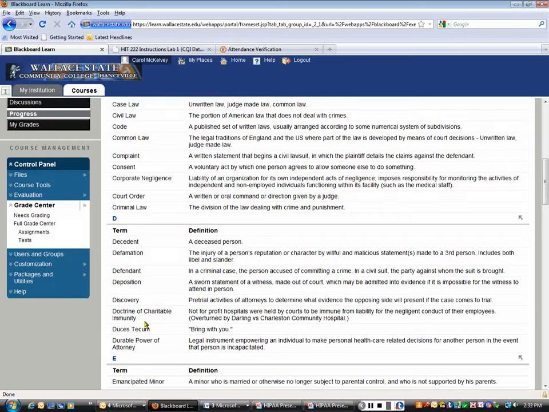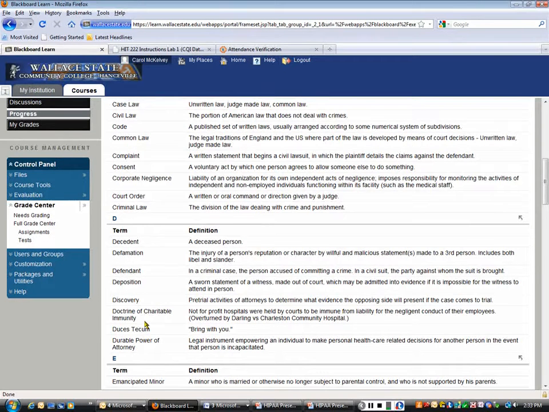In the record it was noted that the doctor had ordered that the nurses should check the circulation in the feet and document that, and it was not documented. The word was it was done, but we just didn't document that we checked it because it was normal. And so that case overturned the doctrine of charitable immunity, and Mr. Darling did in fact sue Charleston Community Hospital.